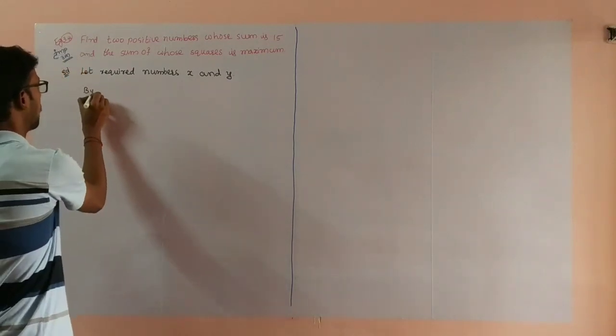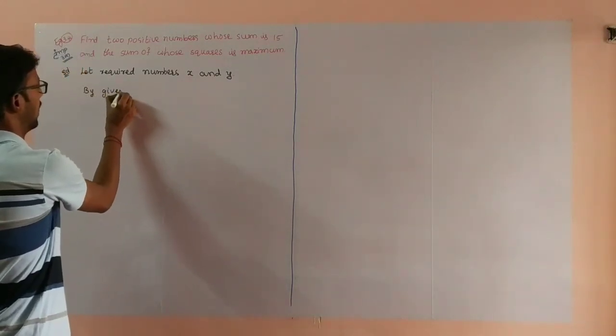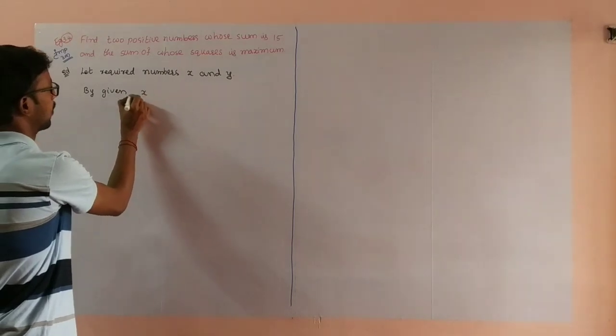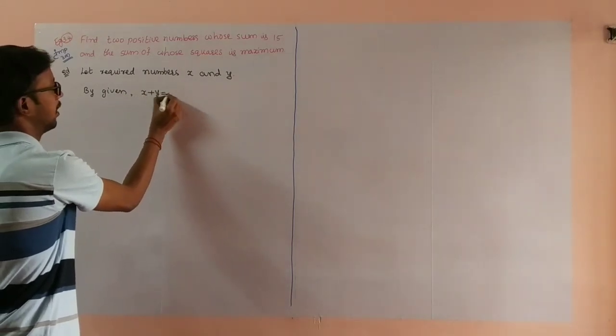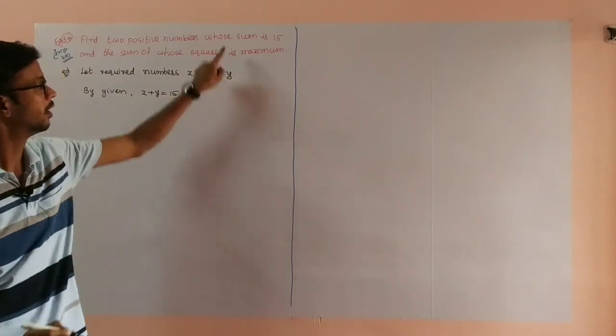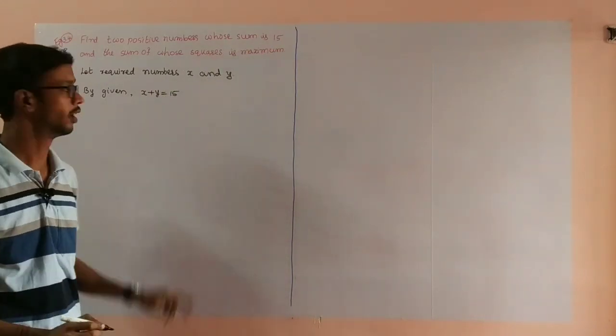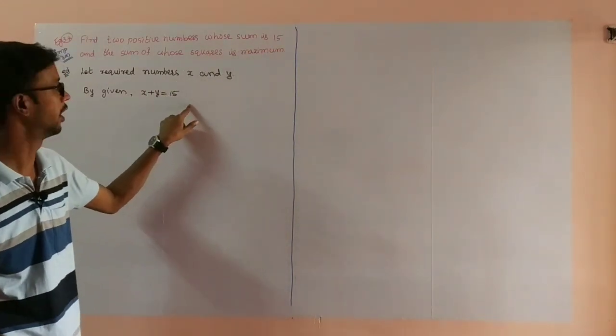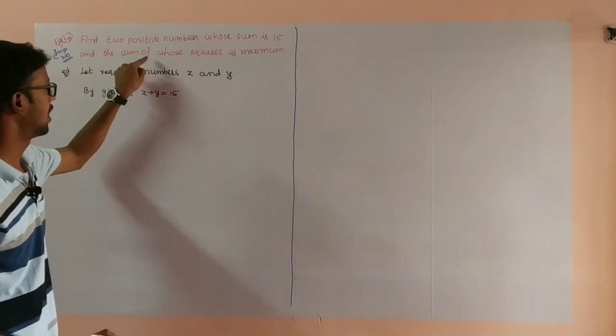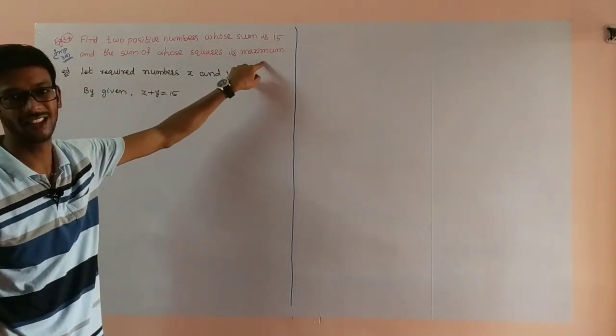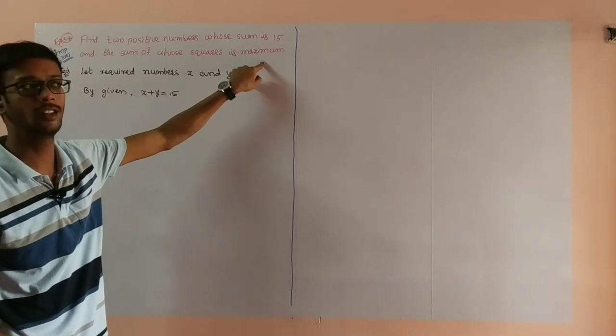By the given condition, x plus y is equal to 15, whose sum is 15, and the sum of whose squares is maximum.